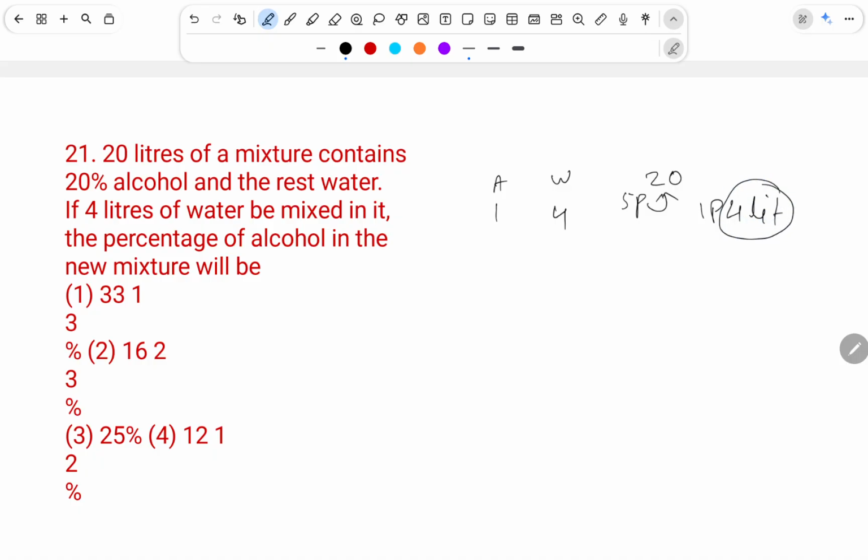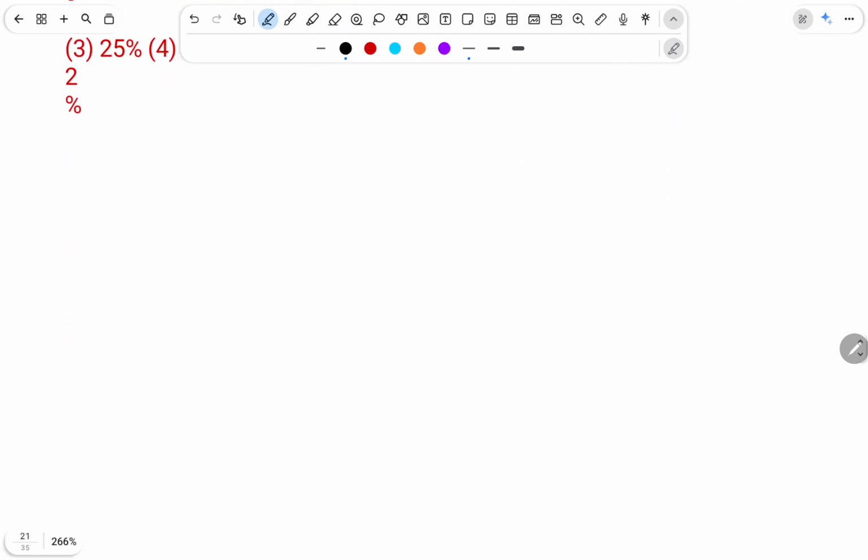We are adding 4 liters, which means 1 part. If 4 liters of water is added, it becomes 5 parts, and alcohol we didn't add, so it will be 1. The percentage of alcohol in the new mixture is 1 in 6 parts into 100, so it is again 16 2 by 3 percentage.